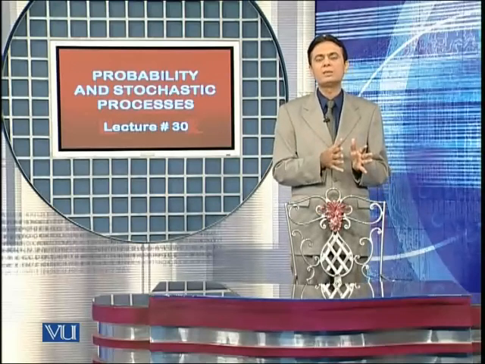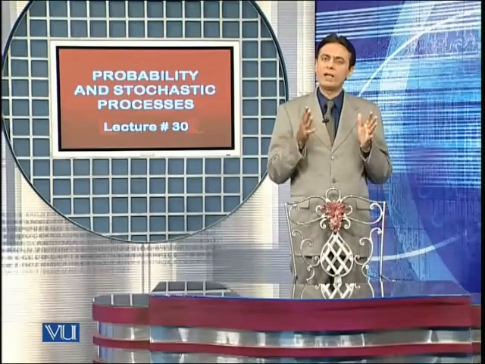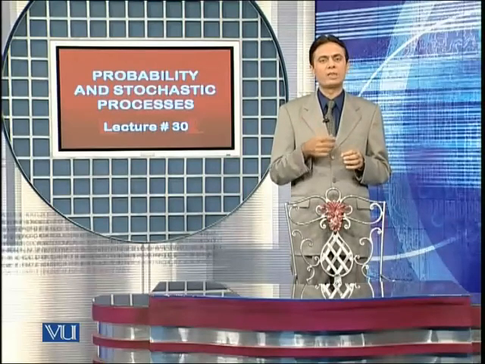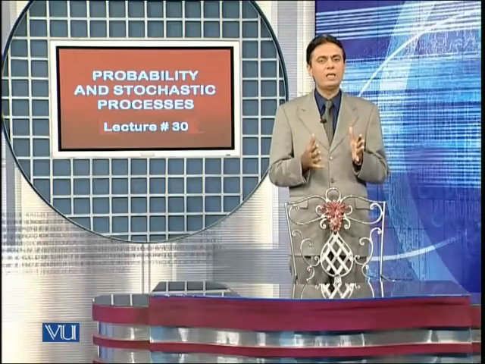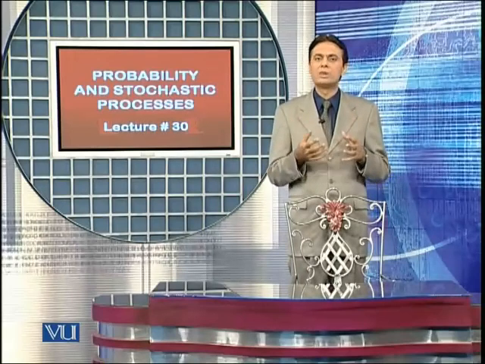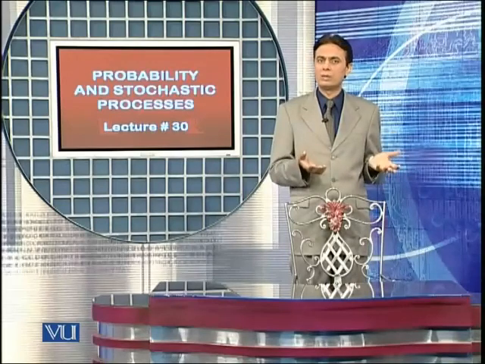We extended this idea to the sum of n random variables, and for a special case of the sum of n Gaussian random variables, we saw that the result is also a Gaussian.